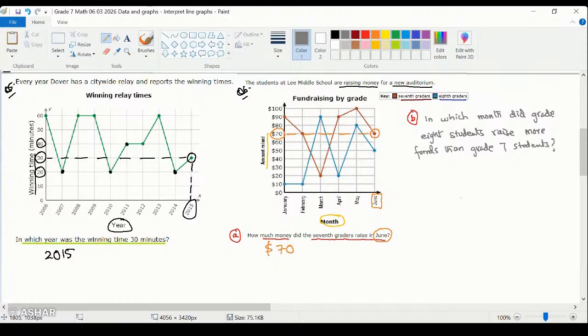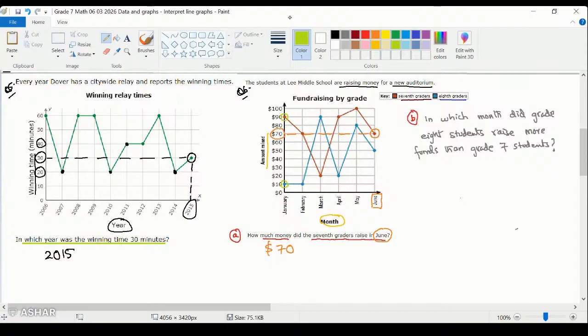Anyone? In which month did grade 8 students raise more money than the grade 7 students? We know that the blue line represents the grade 8 students. Agreed? See, what we can see over here is blue is below this point.